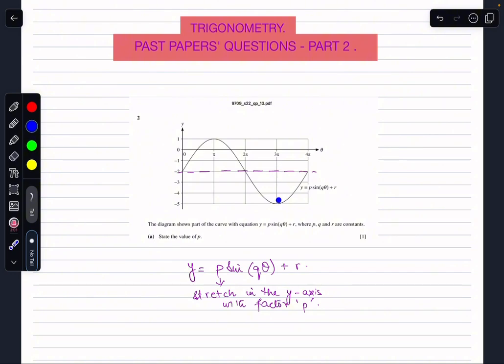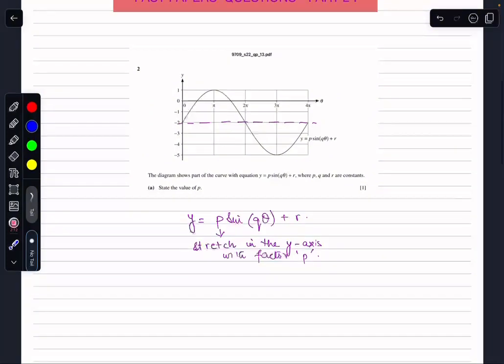The amplitude is 3 units downward, and 1, 2, 3, 3 units upward. So the stretch in the y-axis with the factor p should be equal to 3. So this p value here should be equal to 3.